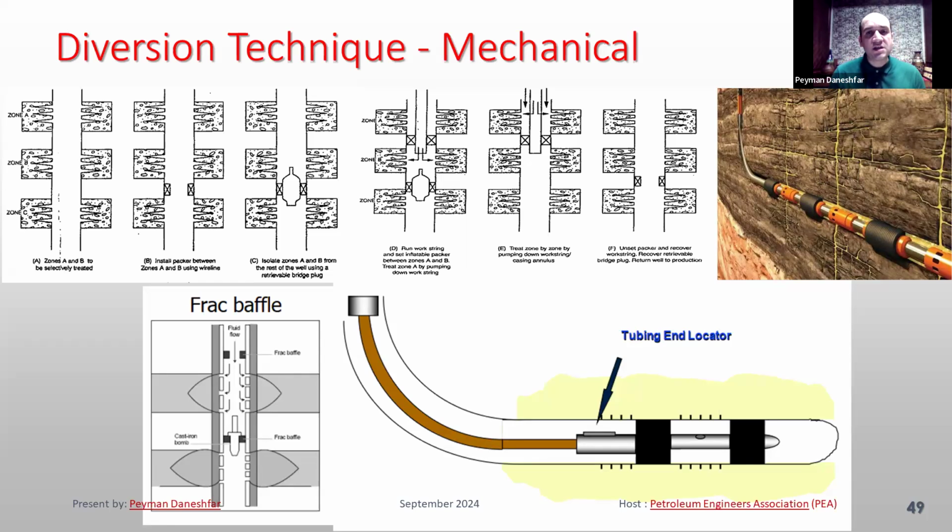But when you use a bridge plug, you can secure one zone and go one by one, and after that you can use the acid. You can do a selective acidizing.